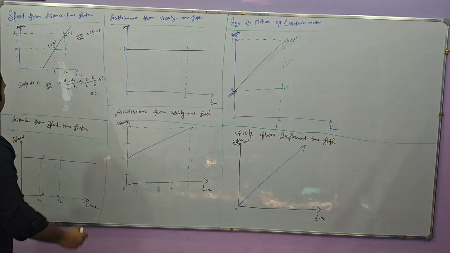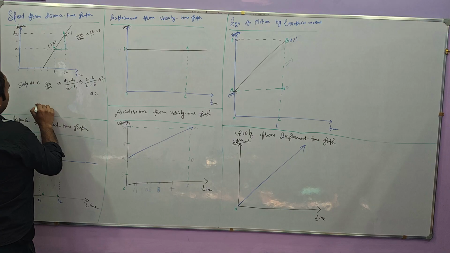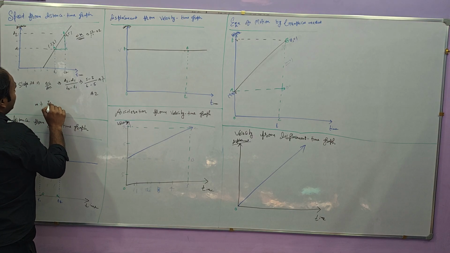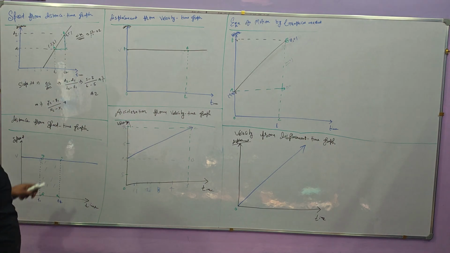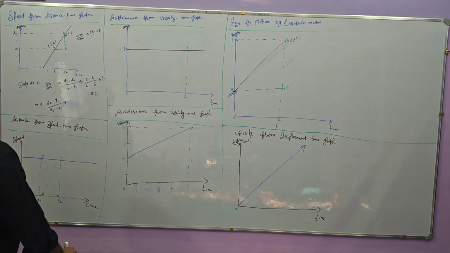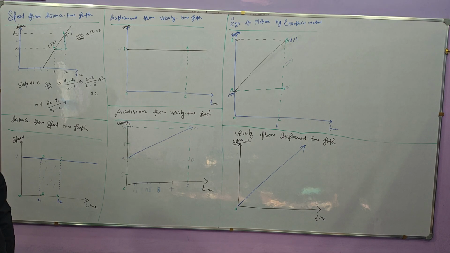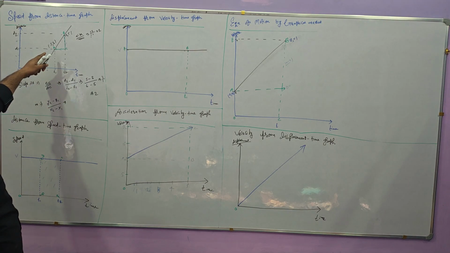And we know slope is y2 minus y1 over x2 minus x1.